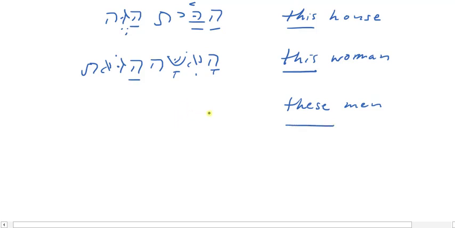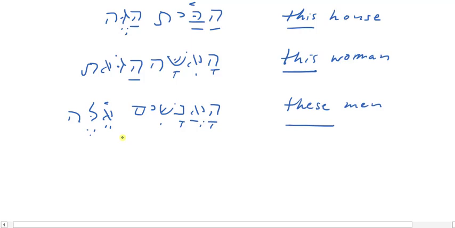The noun does. So I have to say ha anashim, right? Ha anashim. And then I put these after, which is one form, common plural. It's Ele, with the accent here.